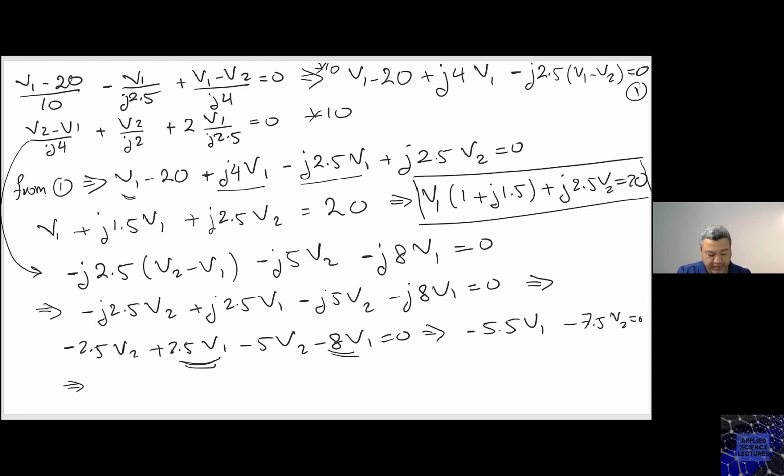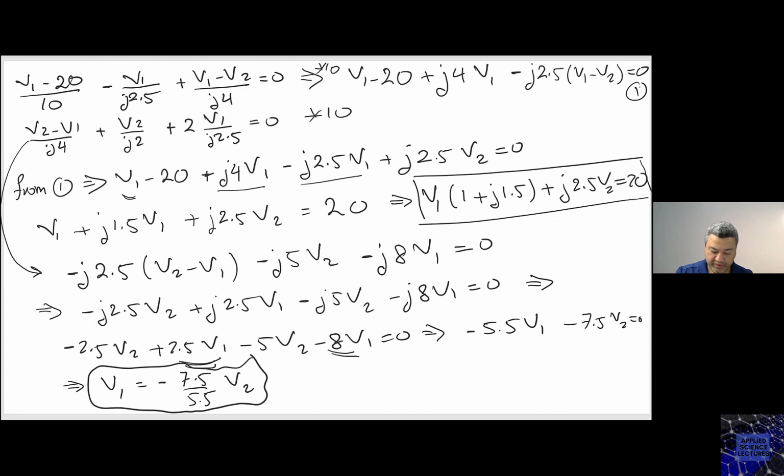Then v1 is minus 7.5 divided by 5.5 v2. Now take this one and substitute it in one of those two equations that we found.